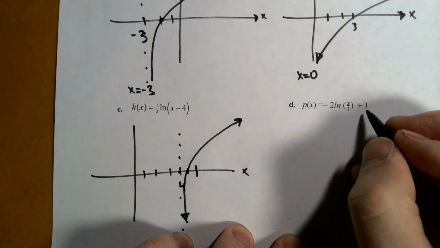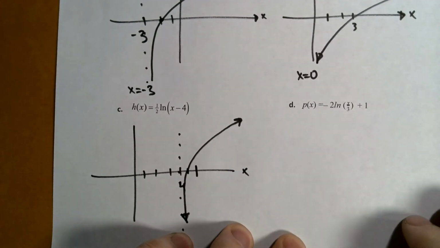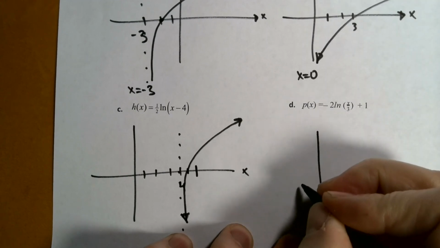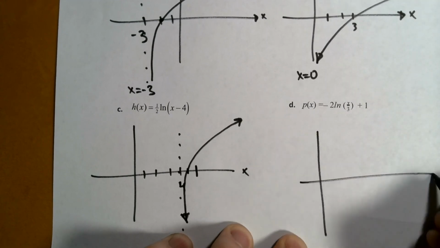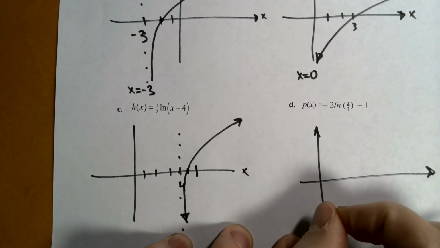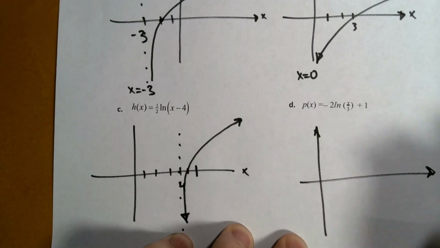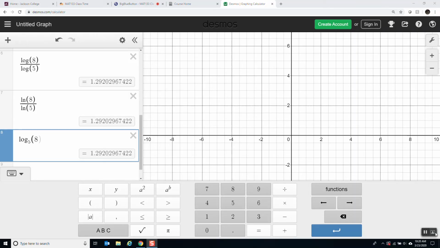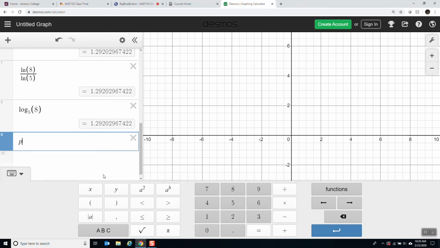Okay, last one. Here we're going to shift it all up 1, but since the range is all real numbers, shifting up 1 doesn't really do a whole lot. And then that 1/3, that's going to be a stretch thing. You know what? On this one, I'm going to smash this in Desmos. So let's do that. I'll type in the whole thing.